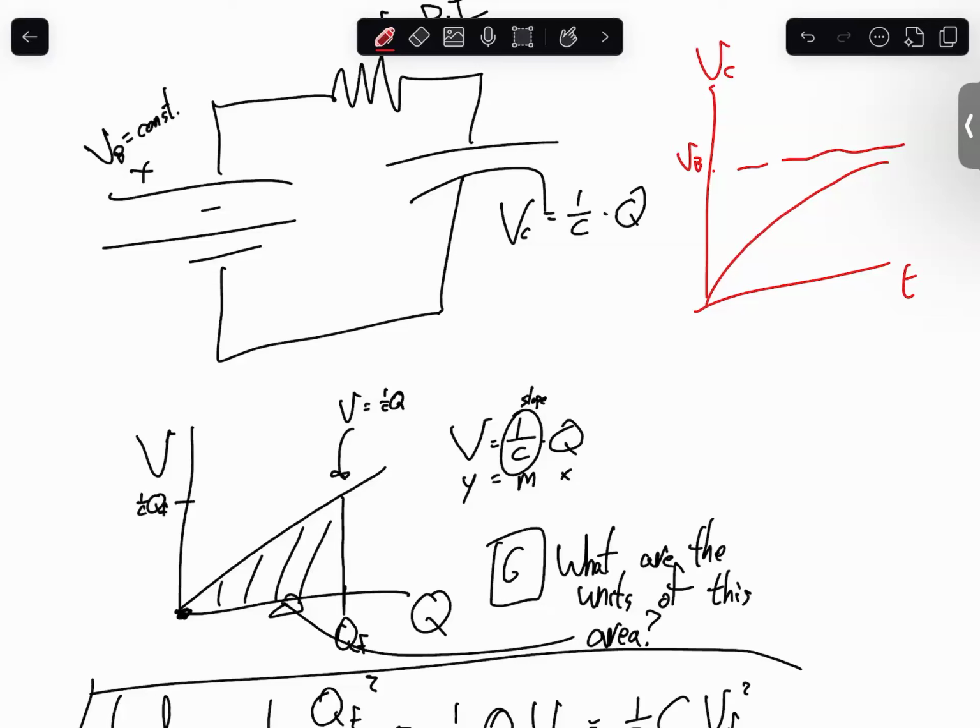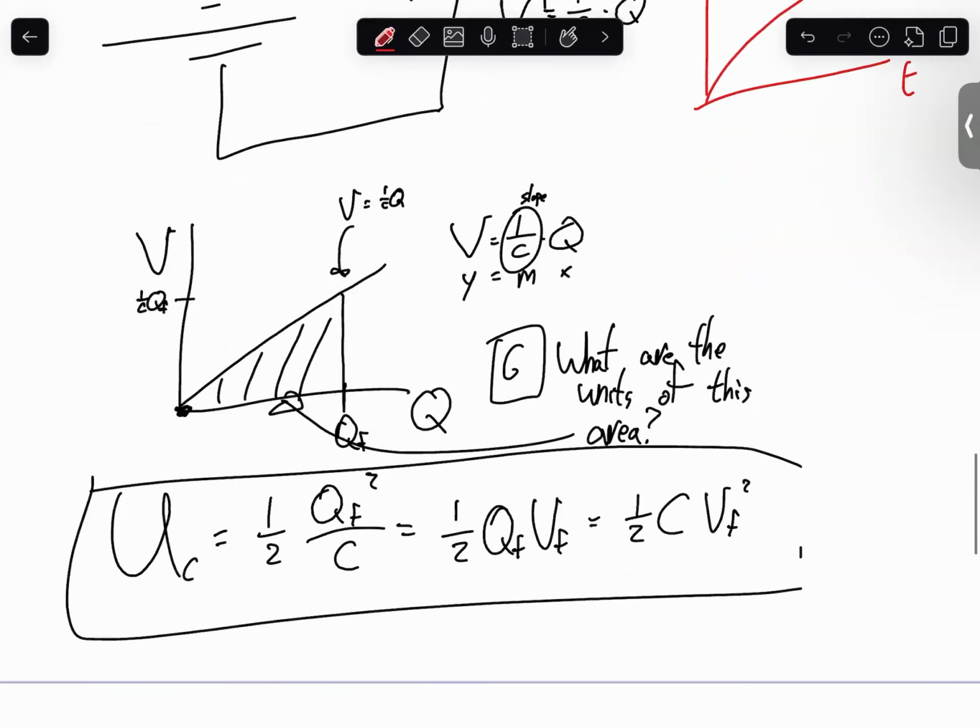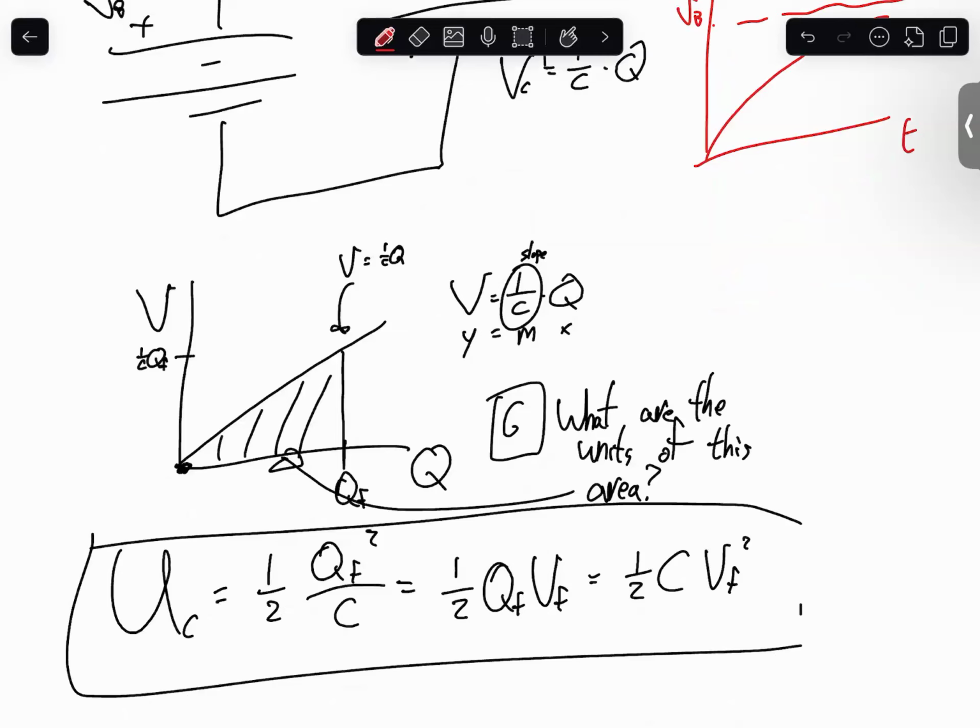Okay. So the moral of the story, what I'm getting at here, I'd like you to focus on the second equation first. If I look at a total amount of charge and a total amount of voltage, the total amount of energy stored in the capacitor is half of that. These other forms can be obtained by Q equals CV and substituting what you don't want.